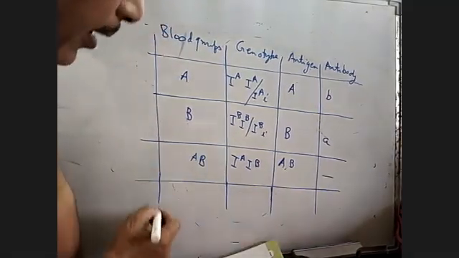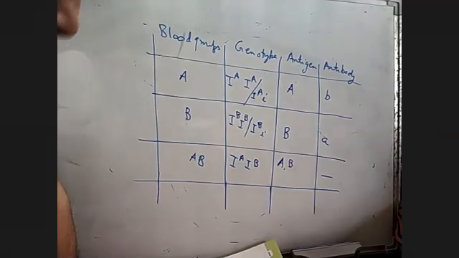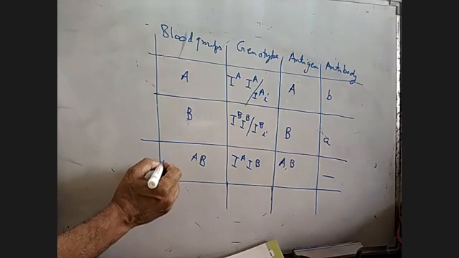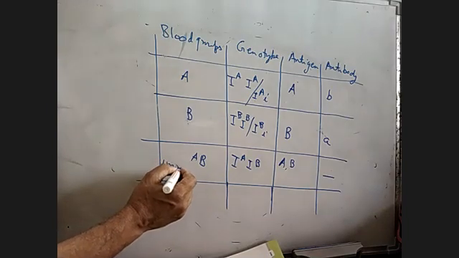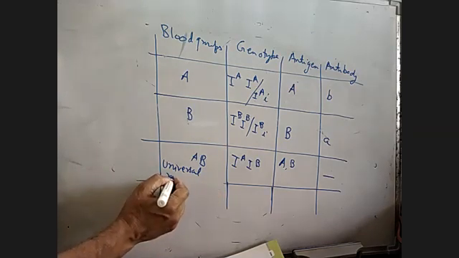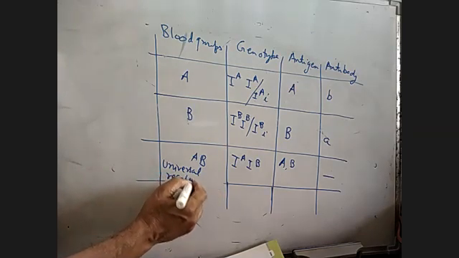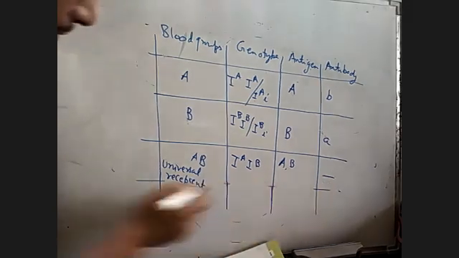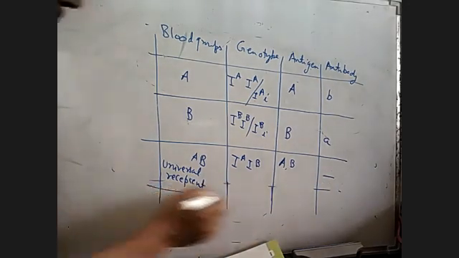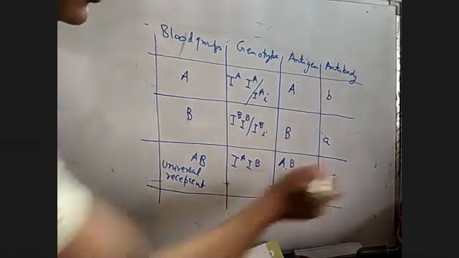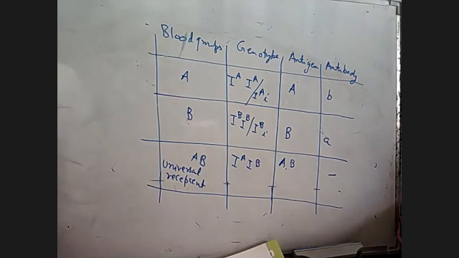That's why AB is called the universal recipient, because it can take blood from all the groups, since it does not have the antibody.